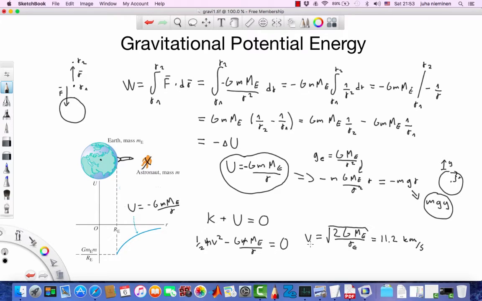And this is known as the escape velocity from the Earth. No matter what the direction, if we shoot a projectile at this velocity, it will leave Earth and will never come back. And this is pretty much what had to be done to go to the moon, for example.